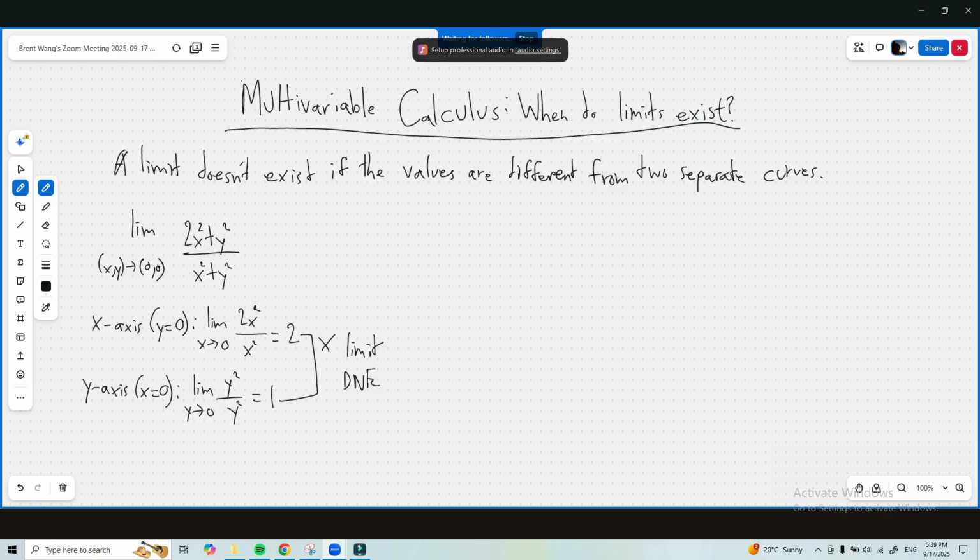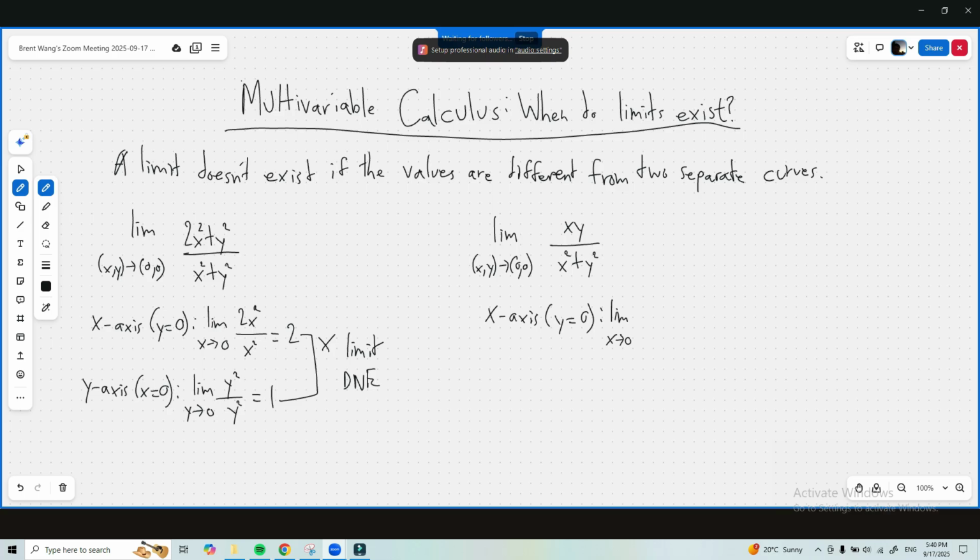The second example is the limit as (x, y) goes to (0, 0) of xy over (x squared plus y squared). Let's try the x-axis and y-axis. Y equals 0, limit as x goes to 0.